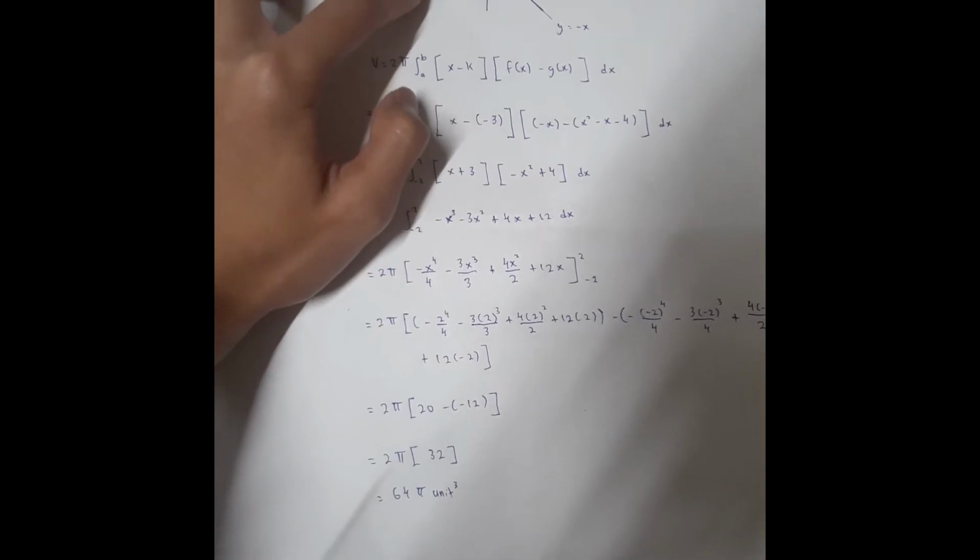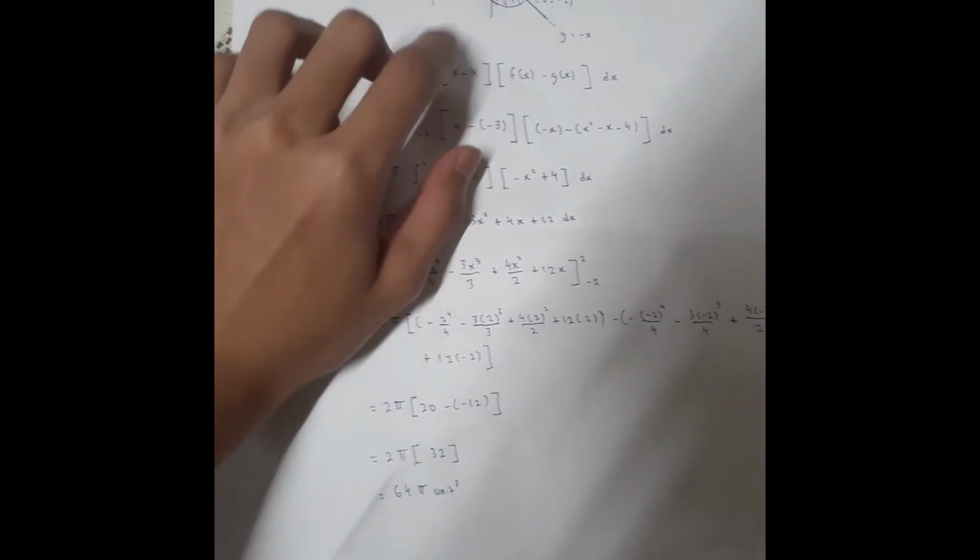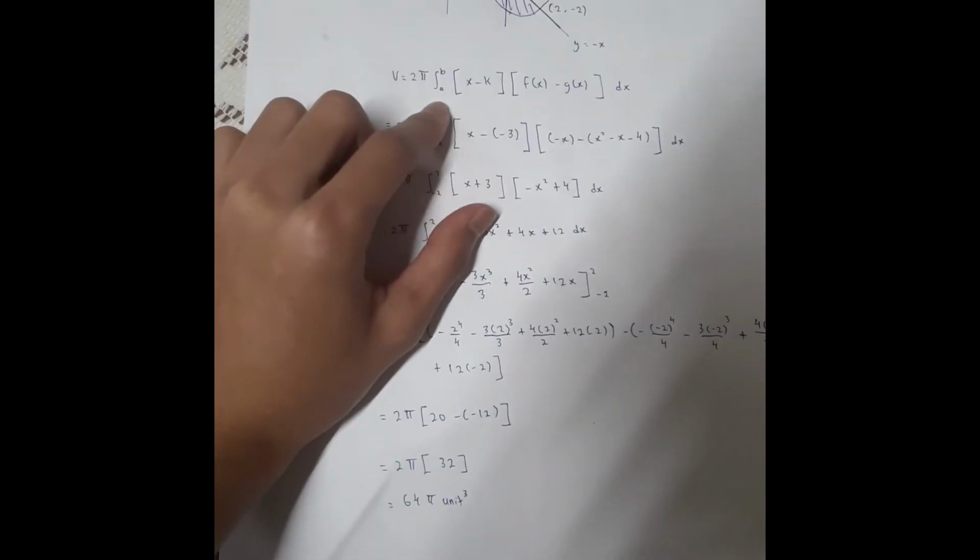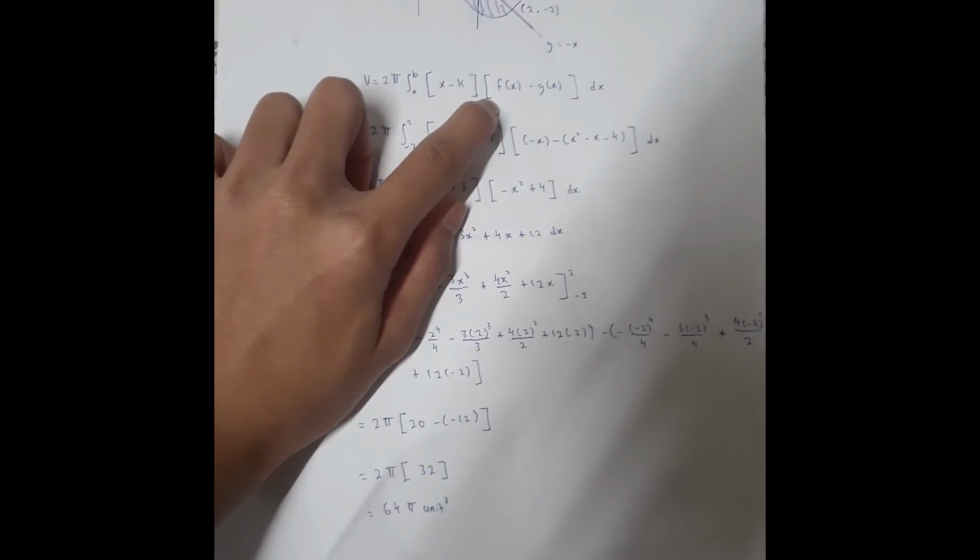So the question asks for the volume generated that revolves about the line x equals -3. So the solid generated will revolve about this line. So this is the equation that we need to use in order to find the volume of the solid generated.